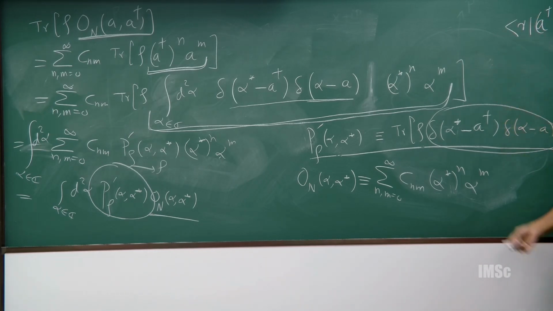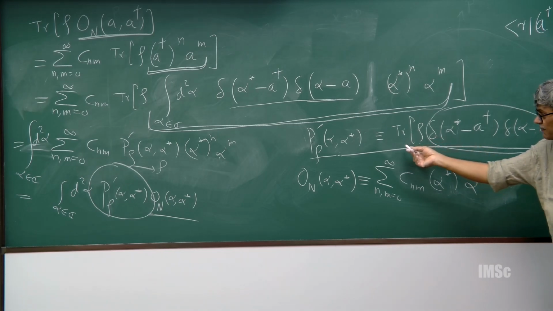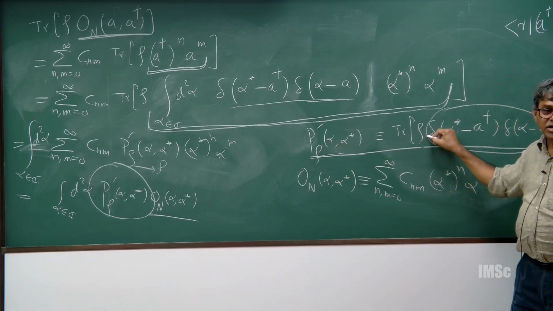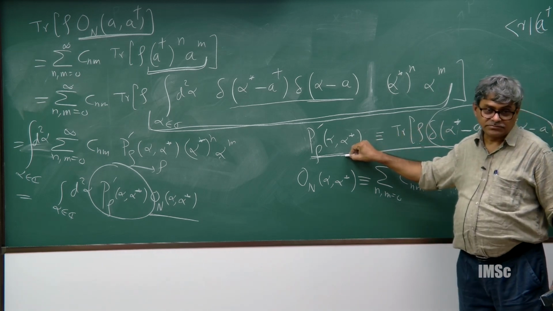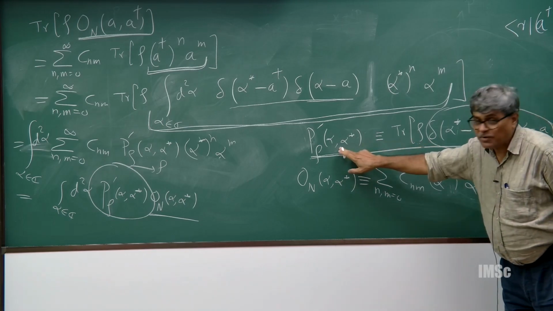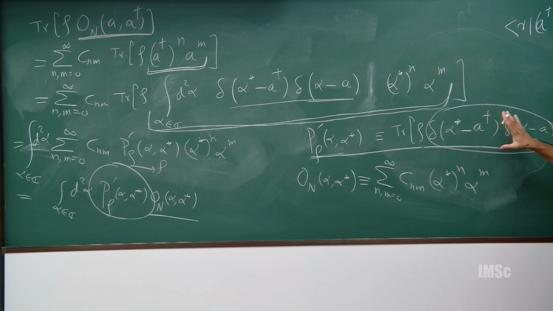And as a result, if you can figure out this function, this is unique to rho. If you change rho, this will also change. So, this idea that this is a one-to-one correspondence with rho depends upon the properties of these operator functions.